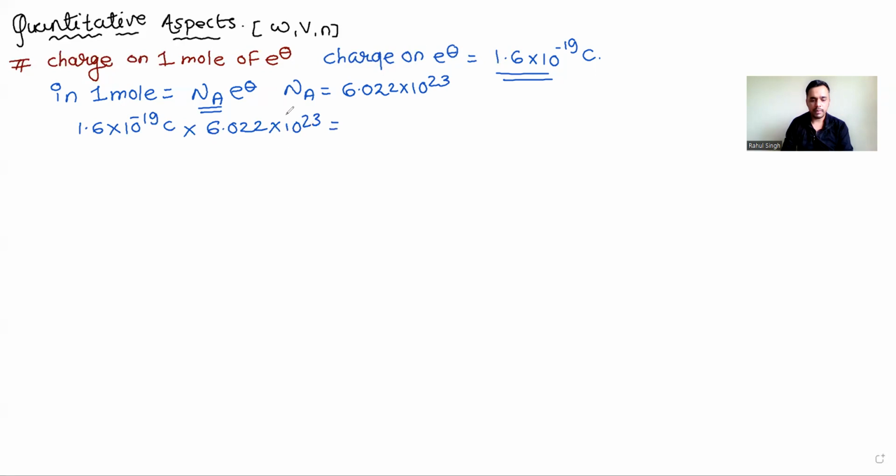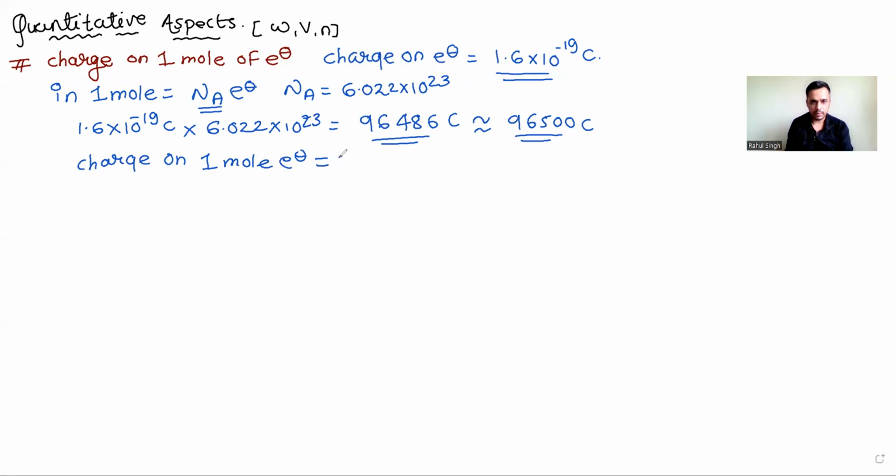After solving this, we get a value of around 96,486 coulomb. We round it off to 96500 coulomb for ease. This is the charge of 1 mole of electron, and it is referred to as 1 Faraday.